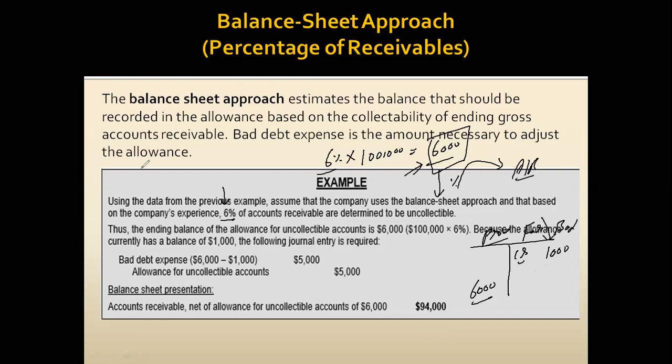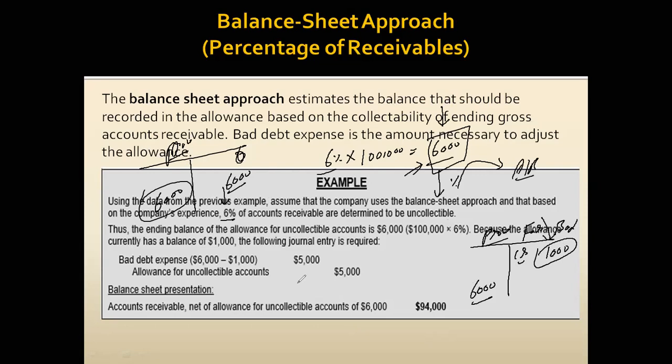Assume you don't have anything in the opening balance of the provision. You were having zero. Then definitely you need to create the provision with the amount of 6,000 in order to make the closing balance 6,000. But as you already have 1,000 here, as it's a balance sheet method, you need the closing balance equal to 6,000. So you always have to check how much you already have.